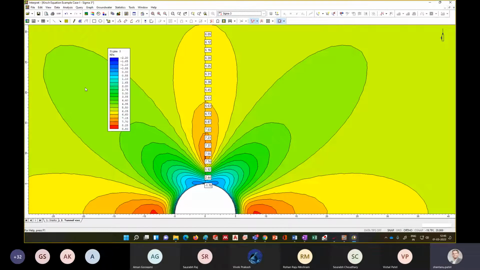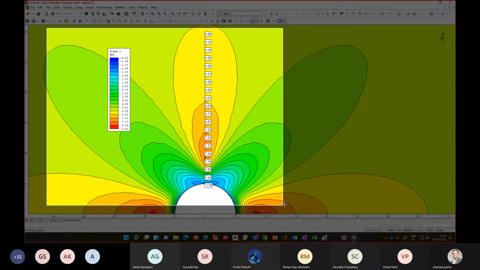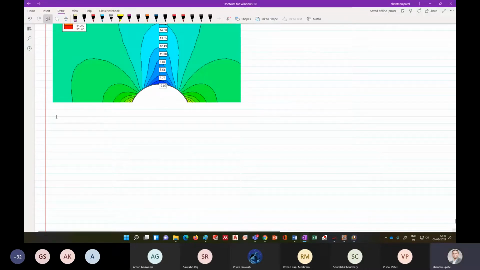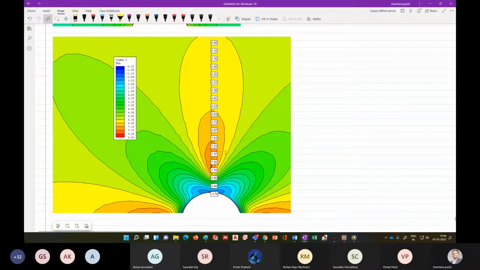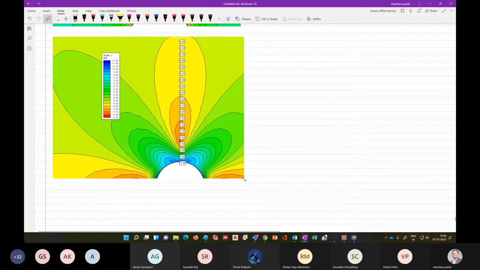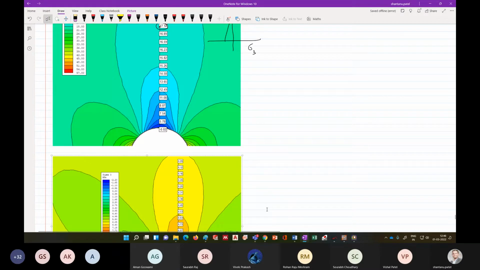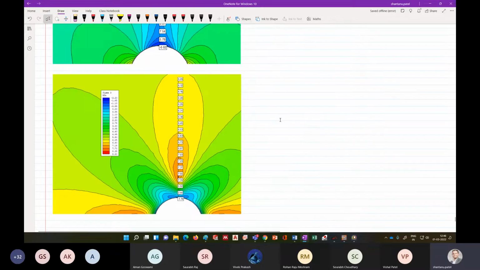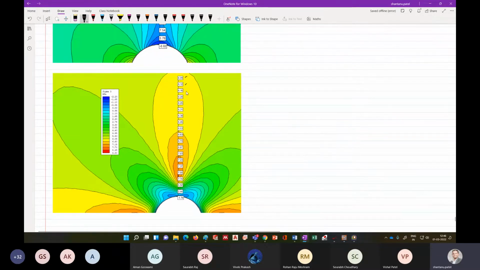Let's take a screenshot of this. So this is the sigma 3 value. If I plot it here, this is the seventh point we are looking at, 17.14.